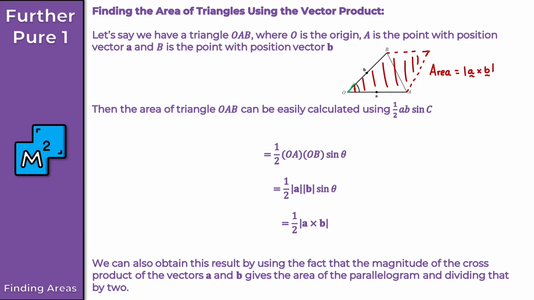We have this triangle here, like so. Clearly, these two triangles are congruent, so we just divide this by 2. So the area of the green triangle is a half times the magnitude of A crossed with B, just the same as what we've got.